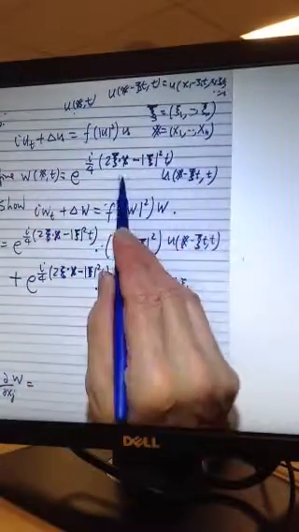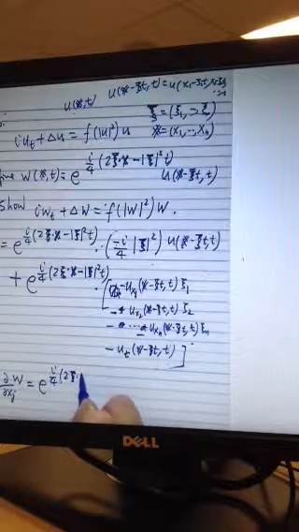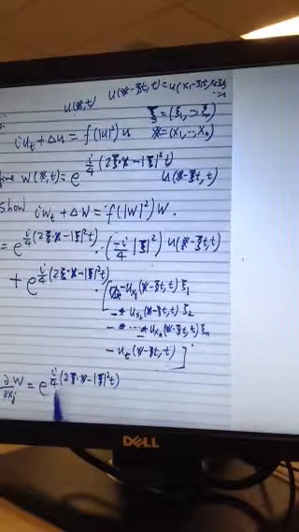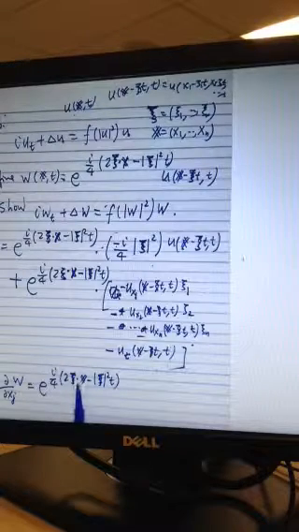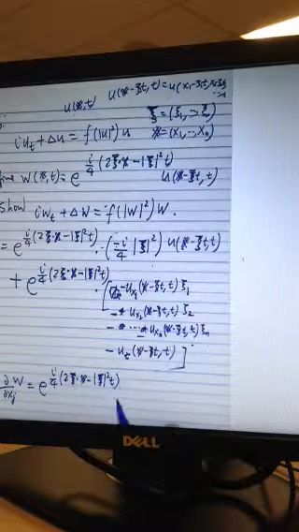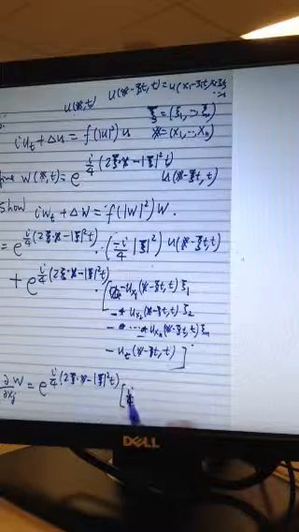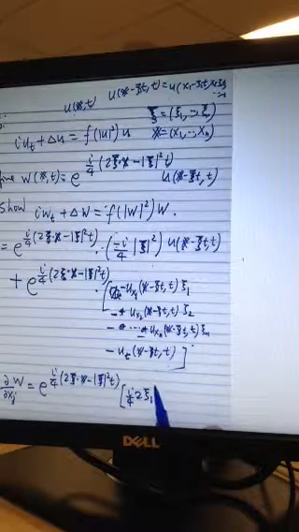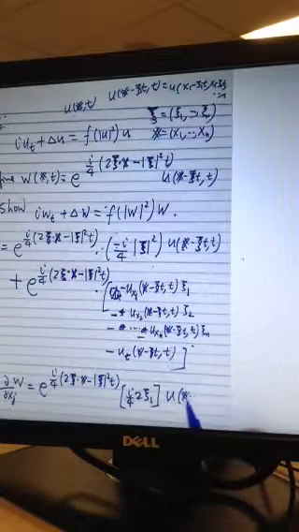Again product rule: differentiate e^{i/4(2c·x - |c|^2 t)}. This exponent is the only part with x, so differentiating gives i/4 times 2 c1, coming from this one, times u(x - ct, t).